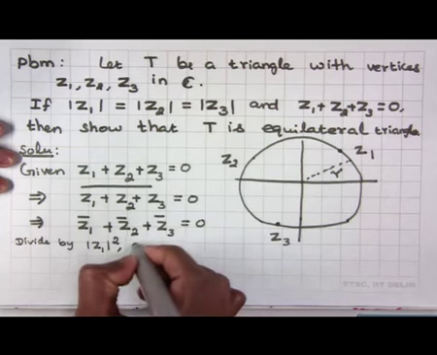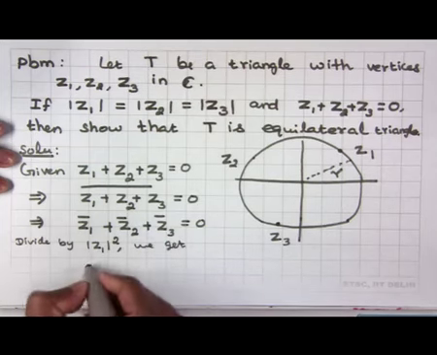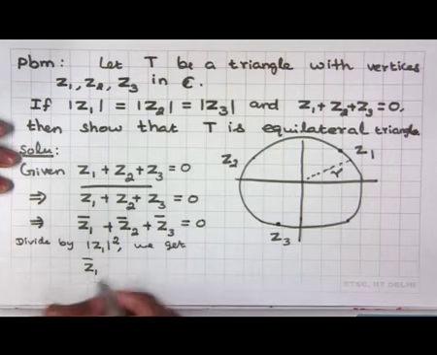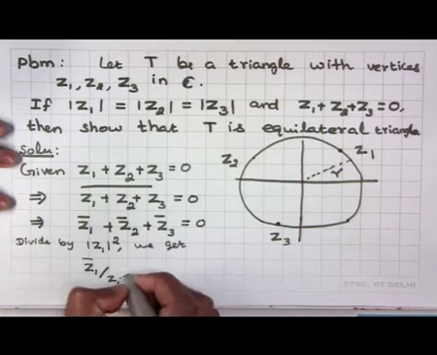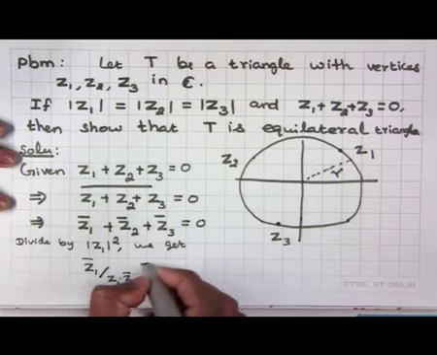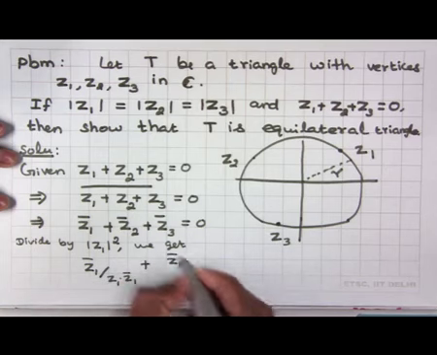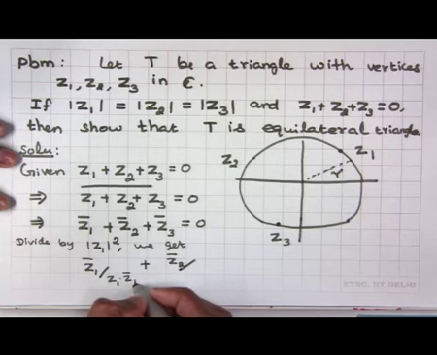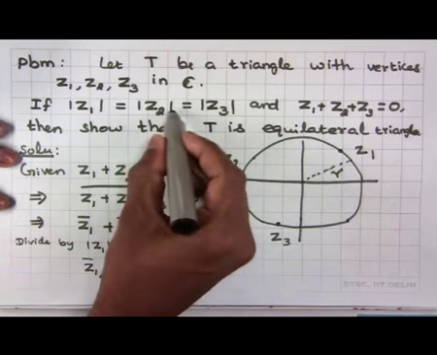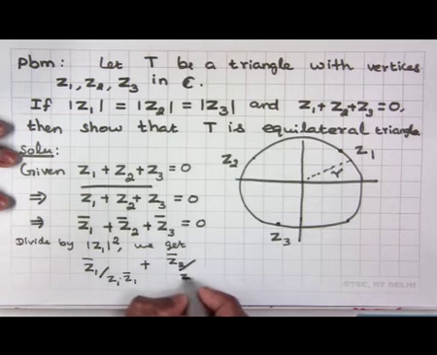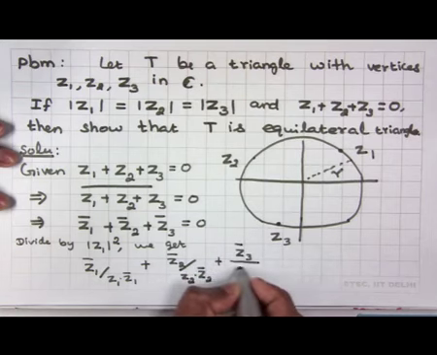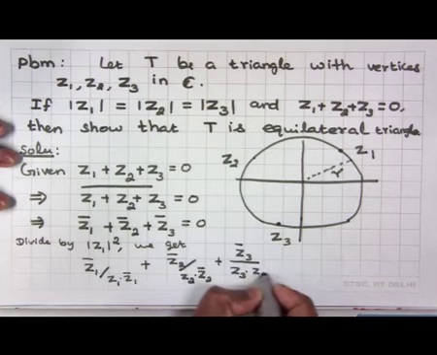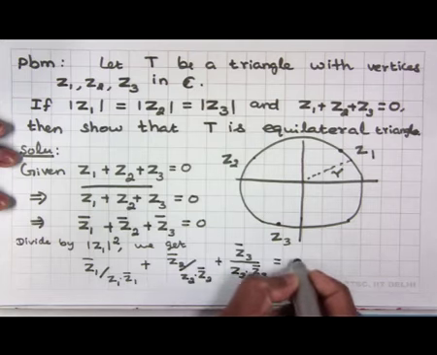Then we get Z1 bar divided by mod Z1 square, which can be written as Z1 bar divided by Z1 into Z1 bar, plus Z2 bar divided by mod Z2 square, which can be written as Z2 into Z2 bar, plus Z3 bar divided by Z3 into Z3 bar, equal to 0.